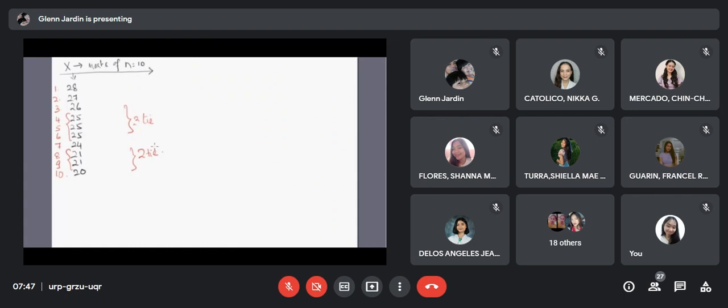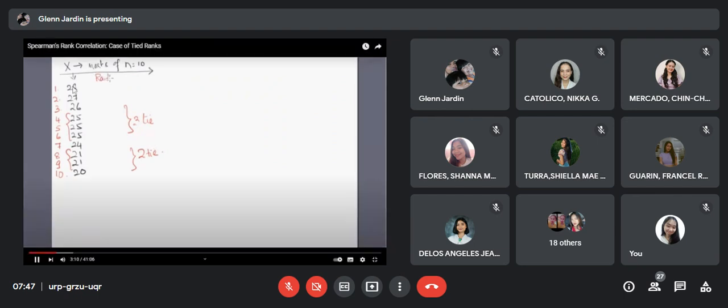So let's see here. Let me assign the ranks to these students here. Quite obviously, 28 being the highest will get rank 1, next is rank 2, next is rank 3. Now in case of 25, 26 and 27, if I were to go in the same order, the student would get rank 4, followed by rank 5 and rank 6.